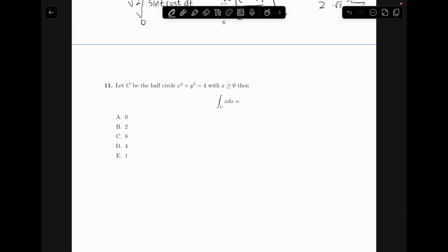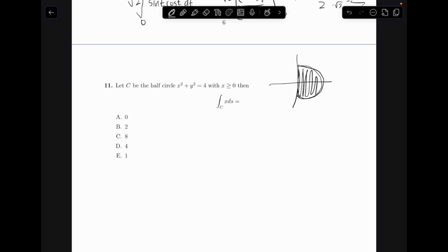Question 11: let C be the half circle x squared plus y squared equals 1, with x greater than or equal to 0. Then the integral of x ds is what? So this is the region we're concerned with, and we're looking for x ds, so we need to parameterize that half circle.